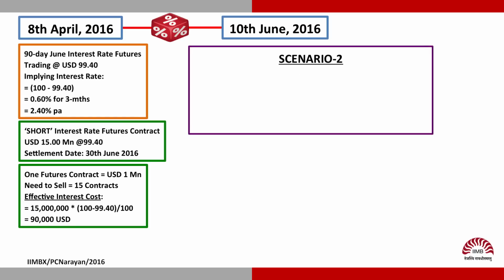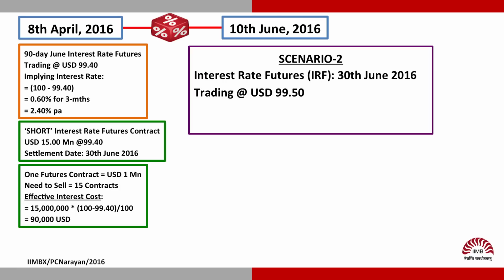Scenario 2. Let us say on 10th June 2016, interest rate futures with settlement date 30th June are trading at 99.50 US dollars. Hence, implied interest rate for a 3-month loan commencing 10th June 2016 will be 100 minus 99.50 into 12 divided by 3, which is equal to 2%.